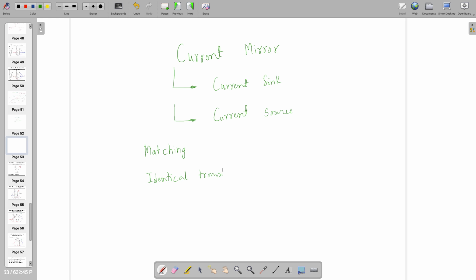Identical means exactly the same, and then for the matching purpose you may use multipliers or you can use fingers.